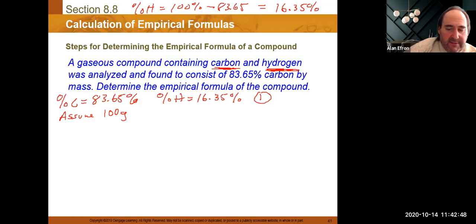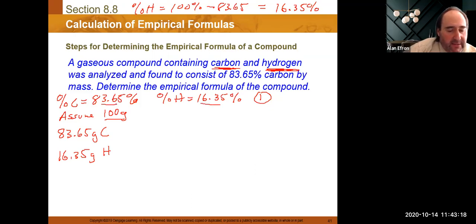It keeps the numbers the same. You could assume 200 grams if you want, but the numbers would change. So it's much easier just to assume that you have 100 grams of everything, and that will convert our percentages into grams. And that means we will have 83.65 grams of carbon, and we will have 16.35 grams of hydrogen.